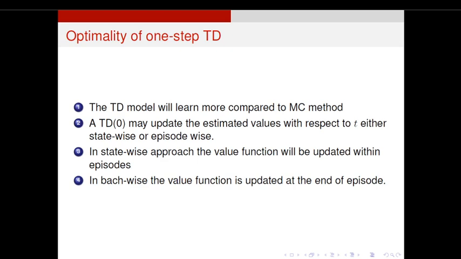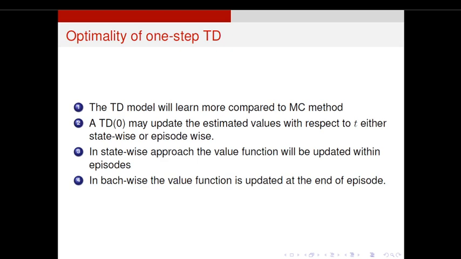It will take many calculations that depend on the number of states, and so this optimization takes much time. But in the case of the TD model, it is only a one-step transition learning, so it learns fast just by looking into the next state value. That is why we can say that this TD model will learn more. This agent will learn more in the TD setup compared to the Markov chain approach.